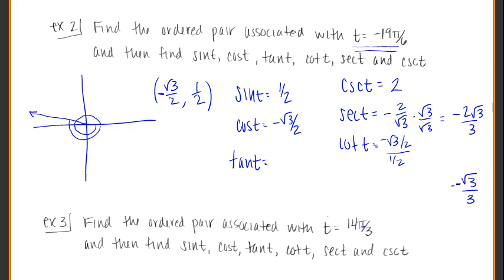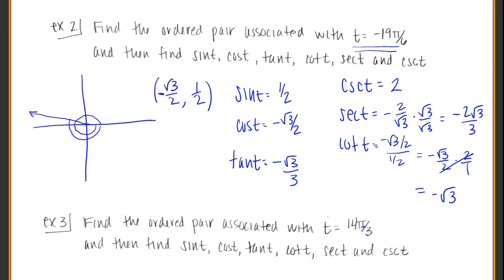Okay. You write tangent over here as negative square root of 3 over 3, and then cotangent, let's clean that up. So we want to take that top fraction, which is the square root of 3 over 2, and we want to divide by that, so by the 1/2, so negative square root of 3 over 2 times 2 over 1, take those away, and it's just the negative square root of 3.